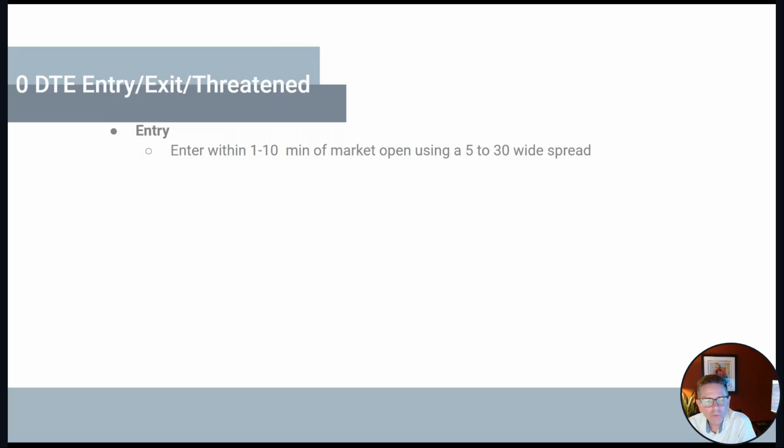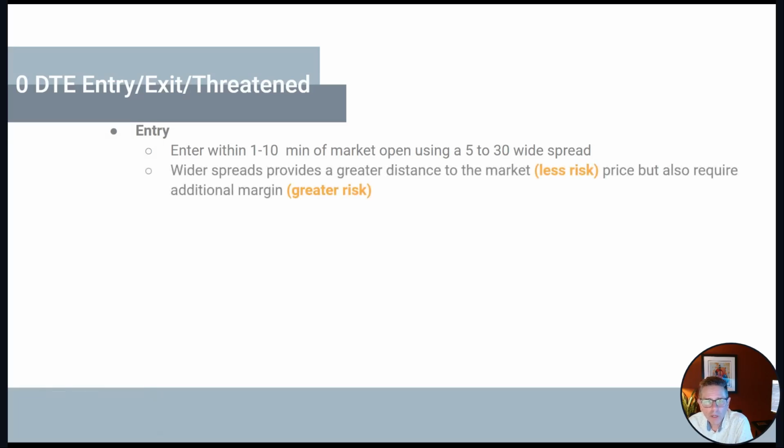Okay, so when you enter a position, you want to enter between 1 and 10 minutes, and actually I get in within around 5 minutes. Sometimes it's about 2 or 3 minutes when I put on both positions already, and it's really because I just want to grab that high volatility environment. The wider the spreads, the greater the distance to the market. Yes, it's less risk.